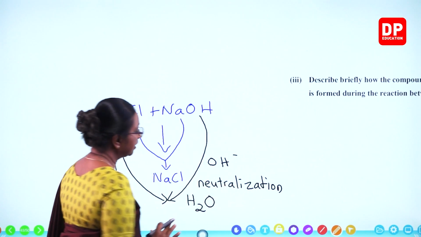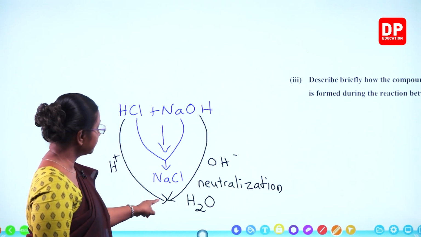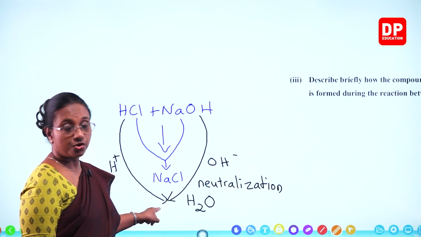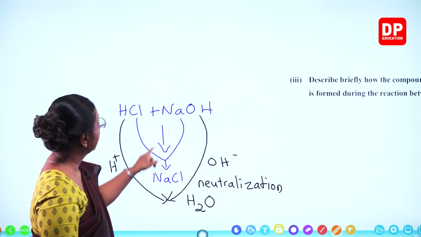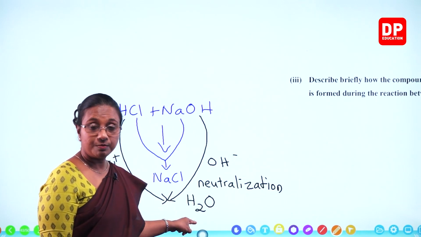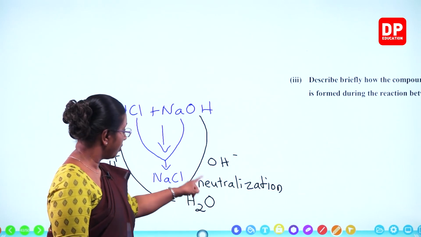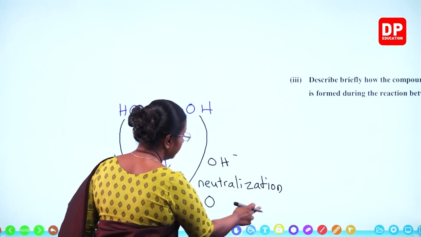So this is what you need to explain. You have to say H plus ions from the strong acid, or A, and OH minus ions from B, or from the strong base, combine to form water molecule. That is the explanation you need to give.